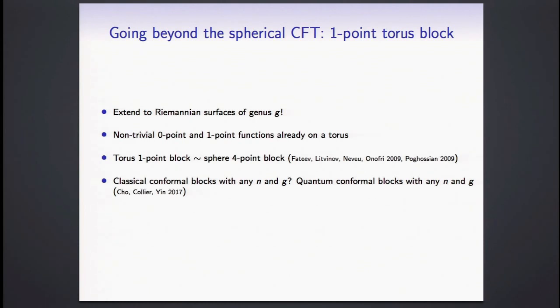And in general, I would like to say that classical conformal blocks are very poorly understood, except for the sphere case maybe. They are poorly understood for arbitrary genus g, arbitrary Riemannian surface, and arbitrary number of operator insertions, that is, in the n-point case.